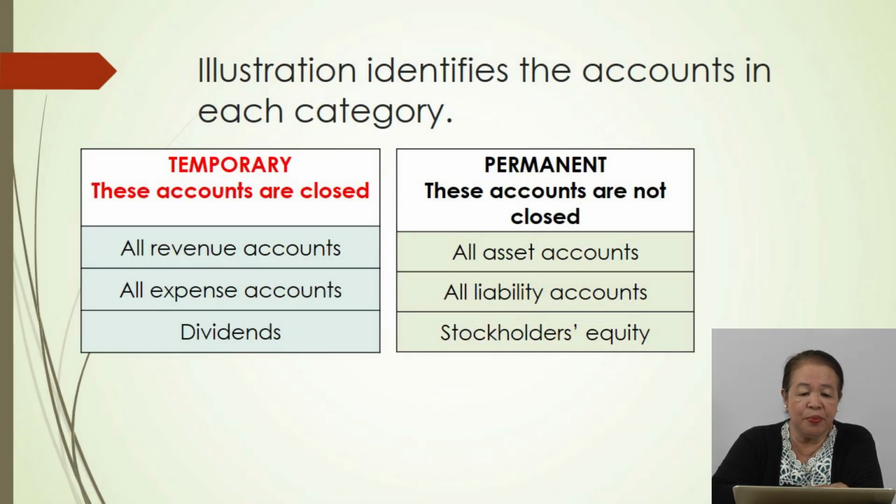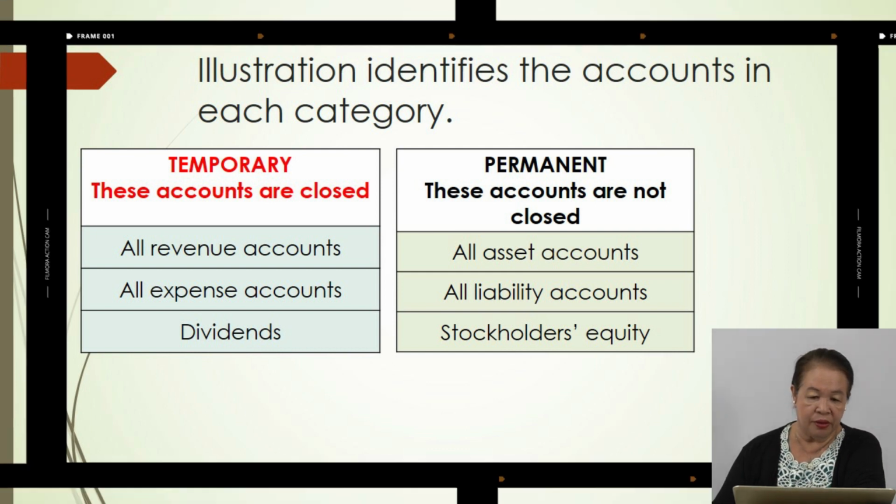So, temporary accounts, your income statement accounts ay kino-close natin. Ito yung mga revenue accounts and expense accounts and dividends. Ang permanent accounts naman, ito yung nasa balance sheet, stockholders equity, ito yung asset accounts, liability accounts, and then stockholders equity accounts. Hindi po yan kino-close.